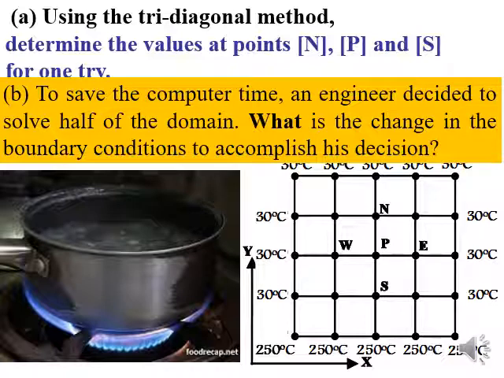To save the computer time, an engineer decided to solve half of the domain. So what should he tell the computer in this case to deal when we approach the axis of symmetry, so that we will only deal with half of the domain? We know that each thing on the right is identical to what is on the left, and circumferentially it is identical.